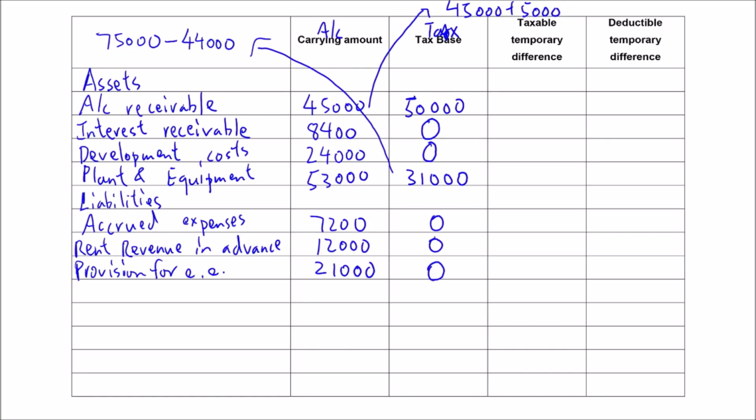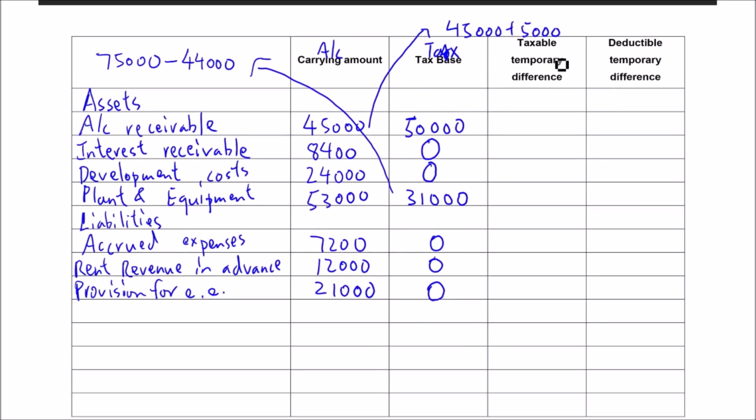After that, we're going to work out whether we have a taxable temporary difference or a deductible temporary difference. If you forgot what you need to do, there's a simple trick. You can pick the first amount and think about that. With the asset, the first one, the tax base is higher than the carry amount.